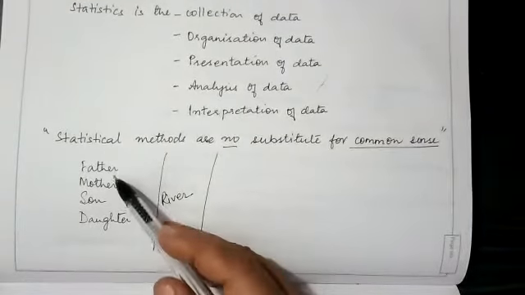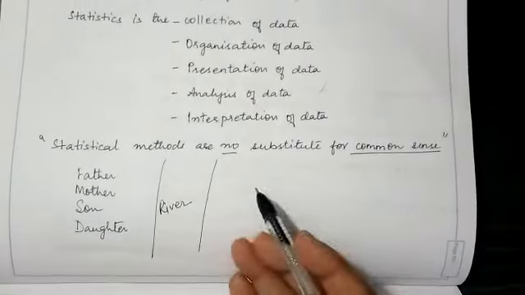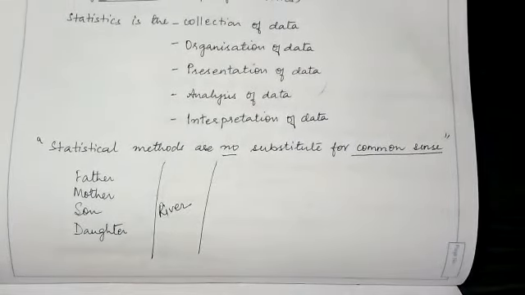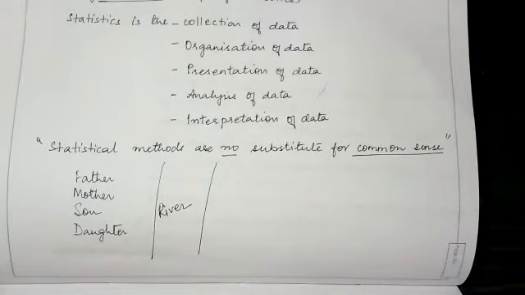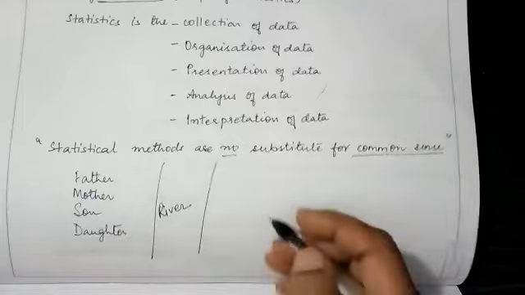There was once a family of father, mother, son and daughter who wanted to cross a river. The father, being the head of the family, knew how to calculate averages. And since he knew the average depth of the river, he tried to calculate the average height of the members in the family.